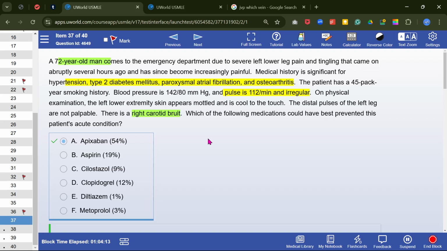Age less than 65 is 0, 65 to 74 is 1, as far as I remember. And he has hypertension and diabetes. So I think that it is 3 or more, isn't it?